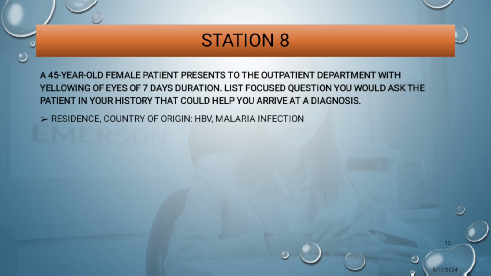Under demographics, ask about residency, country of origin, any history of hepatitis virus, or hepatitis B virus if you want to be specific. But just say any history of hepatitis, any history of malaria infection. Any history of travel. So that's some of the things we're going to ask.